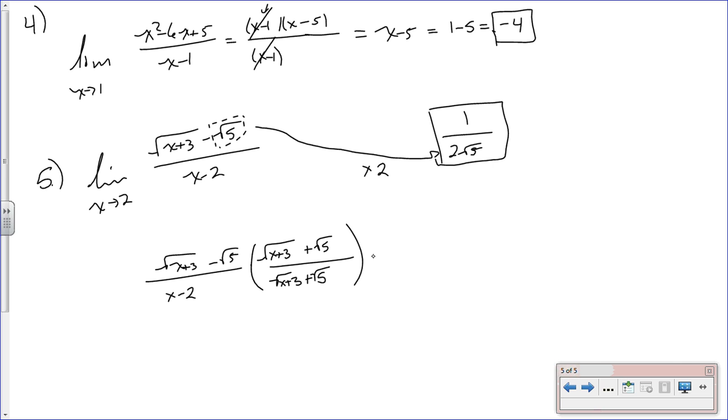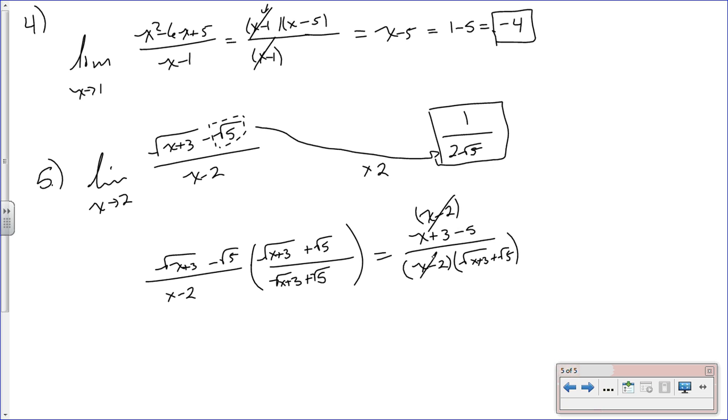So now the square root of x plus 3 times the square root of x plus 3 is just x plus 3. Our middle terms will cancel out. The square root of 5 times the square root of 5 is 5, positive, negative. So it is negative 5 over x minus 2, and then the square root of x plus 3 plus the square root of 5. Well, this here, positive 3, negative 5, that's x minus 2, is what that simplifies down into.